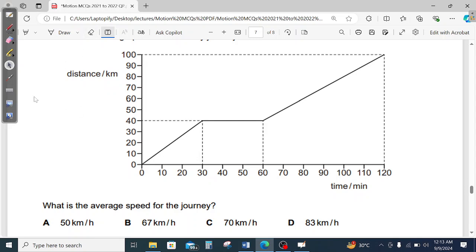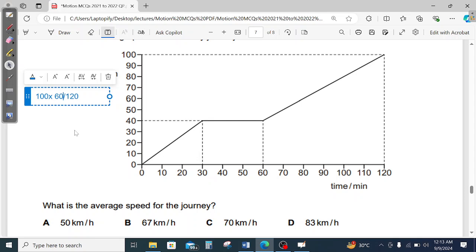I will solve it here. 100 divided by 120, and you have to convert the minutes into hours, so multiply the numerator by 60.